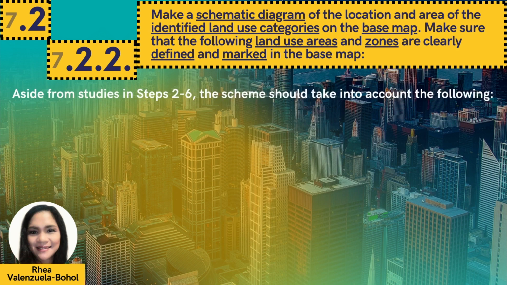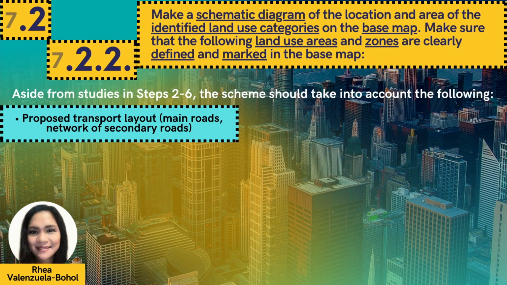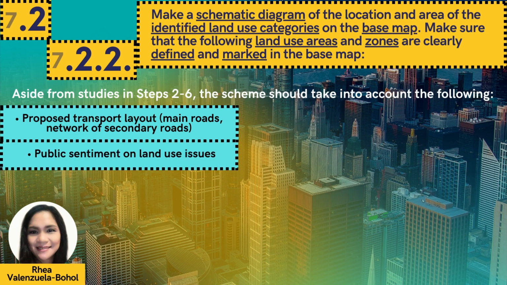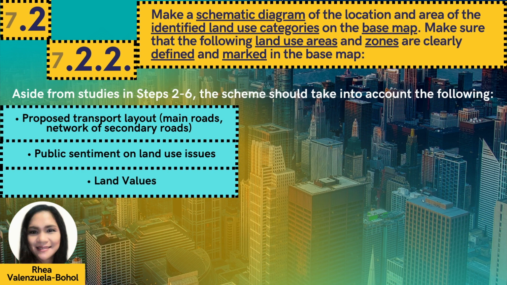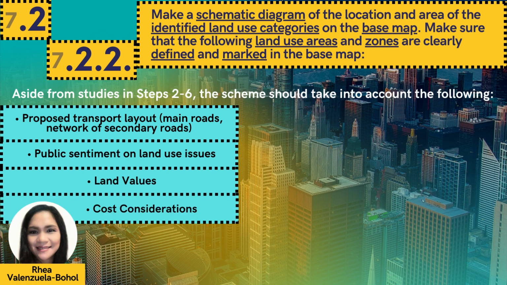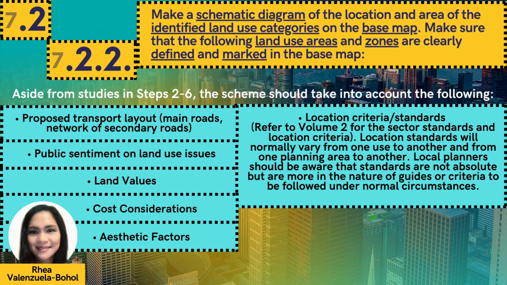Aside from studies and steps 2 to 6, the scheme should take into account the following. First, proposed transport layout. It includes main roads and network of secondary roads. Next, public sentiment on land use issues, followed by land values, then cost considerations, then aesthetic factors, then location criteria/standards.